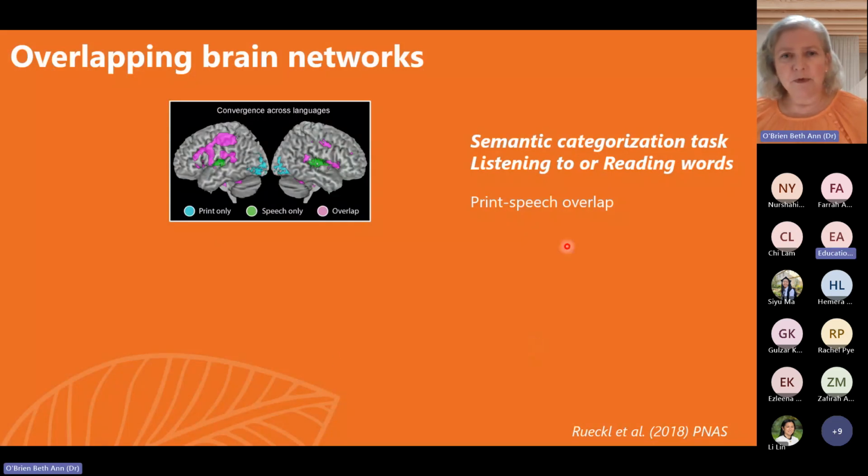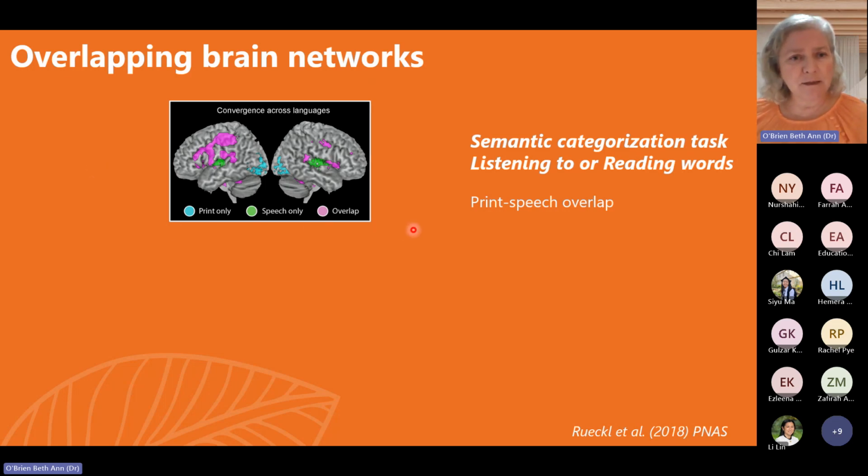Okay, so remember the studies that we talked about with reading and listening to text. The study where they found that there's overlap, and this actually was reading or listening to words, and they used a semantic task where you had to categorize what category the word that you see or hear belongs to.